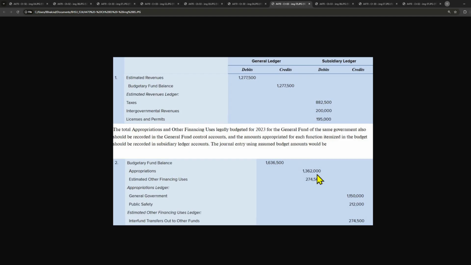I think I wrote the number down here somewhere. 359,000, and that would be what we would consider to be in our budgetary fund balance. In other words, those would be the journal entries that we would use to populate the general ledger with our budget, right? So what happens once we've set up the budget? So this would be the budget for the revenues and appropriations. Let's take a look at the next one.